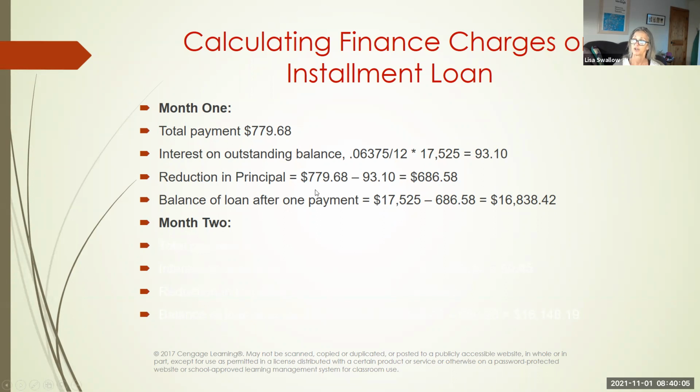How much is my interest? My new principal times rate times time, which is 1/12. I've just consolidated it here, but it really is the same thing. Principal times rate times time. Get the interest, and then the remainder of the payment, which never changes, is principal reduction. So shut the tape off and go do that.